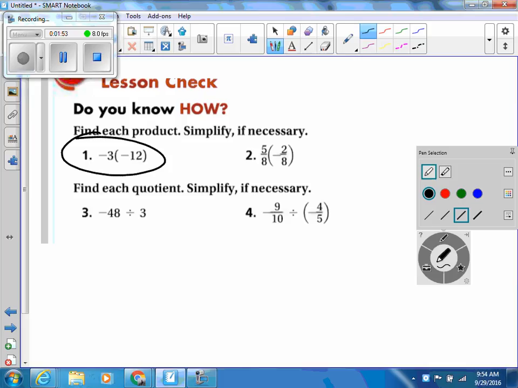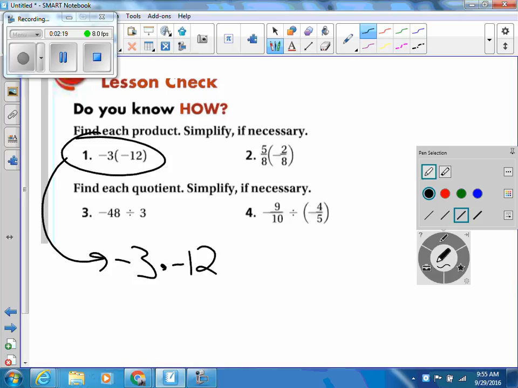Problem number 1. How do I want you to show me your work? Just like this. Great question to ask. I need you to tell me that you know that this is -3 times -12. I don't know you know that by you writing it down. A number next to a parentheses means multiply.